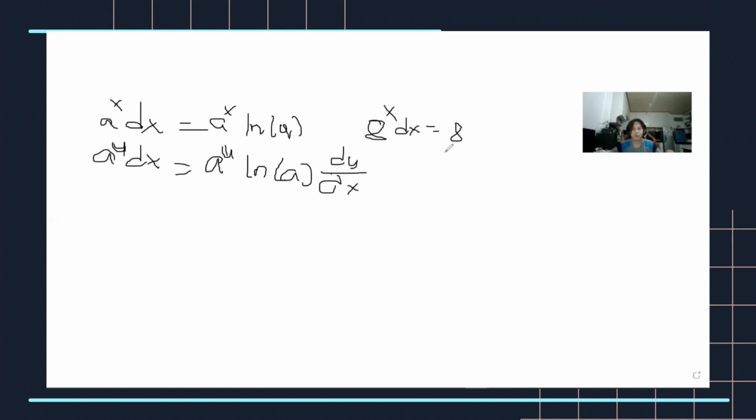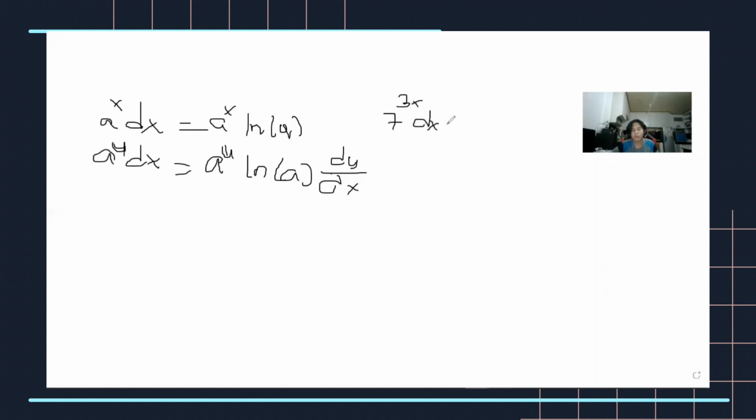So we should just prioritize the fourth case. Let's say we have the derivative of 7 raised to 3x dx.